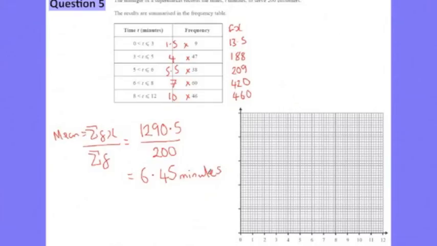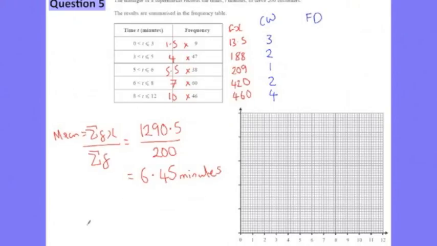In part B of this question, we're asked to then draw a histogram for this information. To be able to draw a histogram, we must calculate the frequency densities by taking the class width, which we can see here as 3, 2, 1, 2, and 4. Take our frequency divided by our class width to give the frequency density.